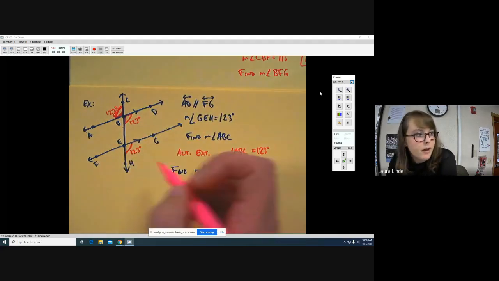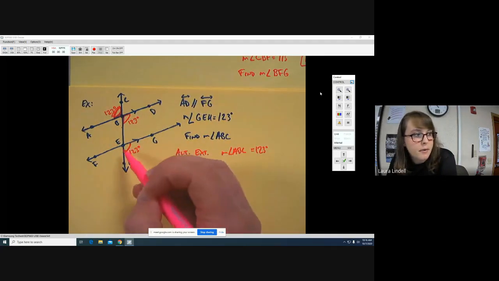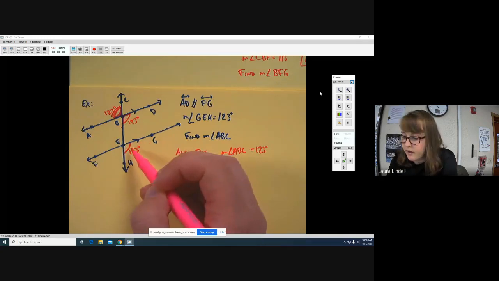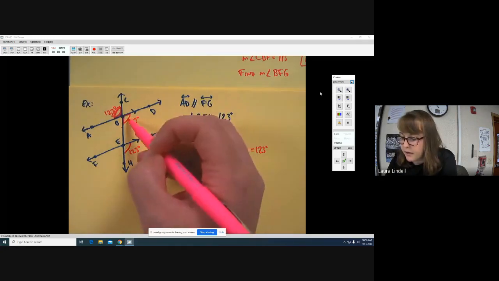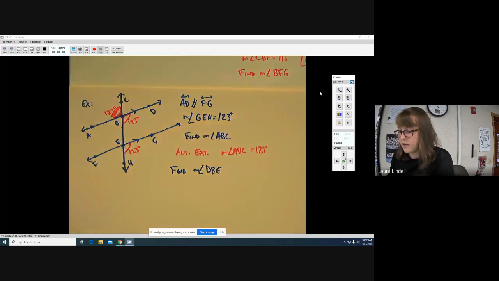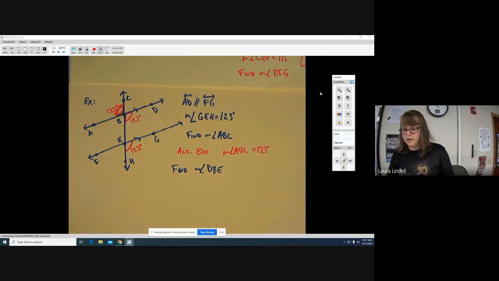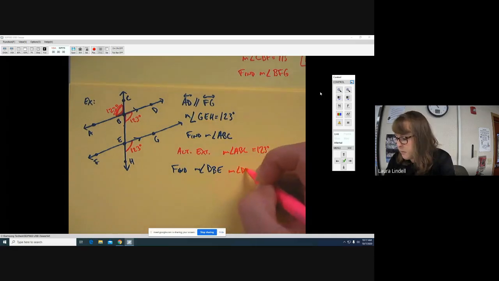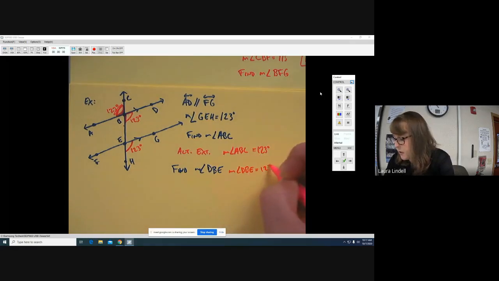Or you could think, well, I have this one here, GEH, that we were given to start with, and this one is corresponding with EBD, since it's the bottom right-hand corner with its group. So that means measure of angle DBE is 123 degrees.